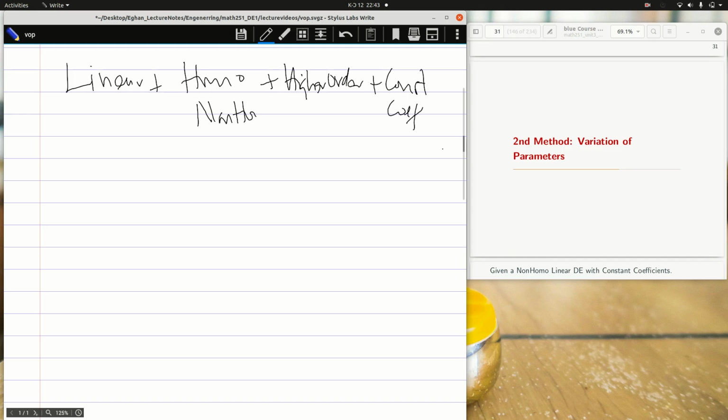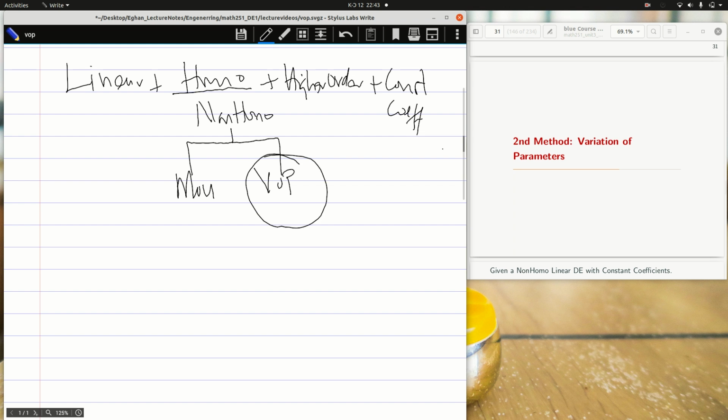We've treated the homogeneous case, and we did one aspect of the non-homogeneous case where we said you can use a method of undetermined coefficients and variation of parameters. And so we are dwelling on variation of parameters here.